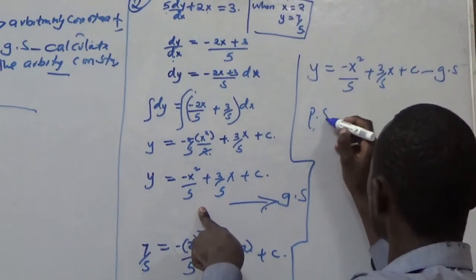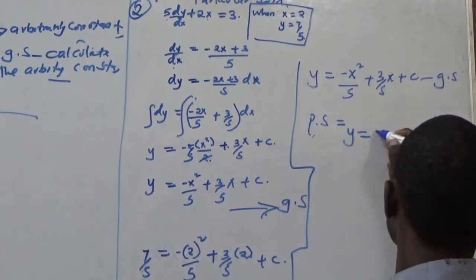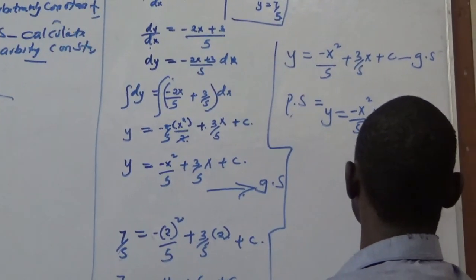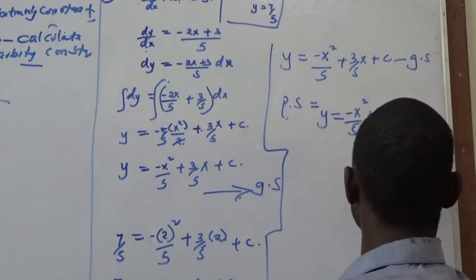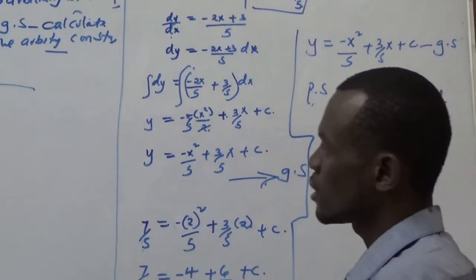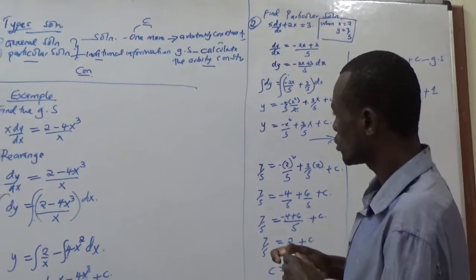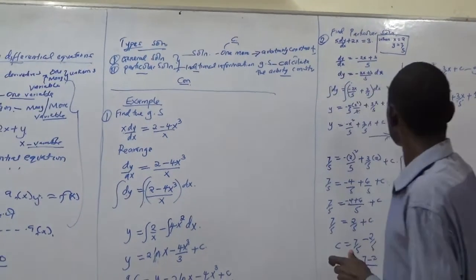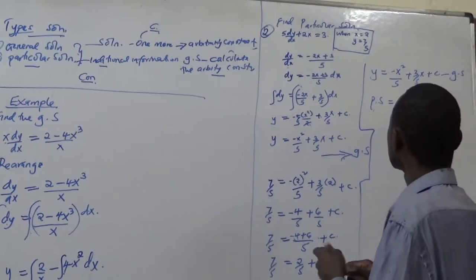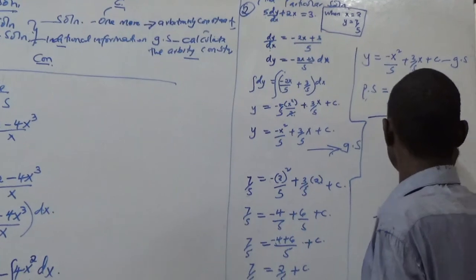Our particular solution will be y equals to minus of x squared over 5 plus 3 over 5 x, then plus the value of c, which is 1. This is how we differentiate the two, general solution and particular solution. The general solution having a c, and in this case, the particular solution, the additional information aids us in getting the value of c. So this is our particular solution.